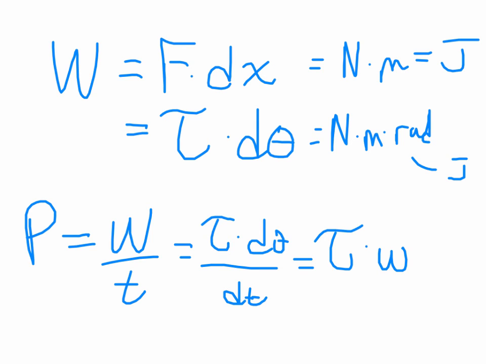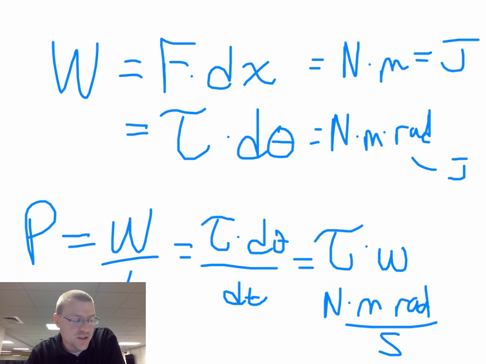And if you look at that unit-wise, Newton meters multiplied by radians per second, the Newton meter radian is a joule divided by the seconds, so you still get the watts of power that we're used to generating. So if they ask you questions like that, yes, you can solve for power and work using rotational equations.